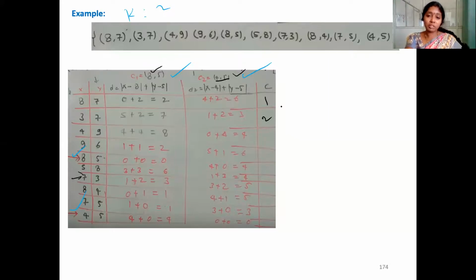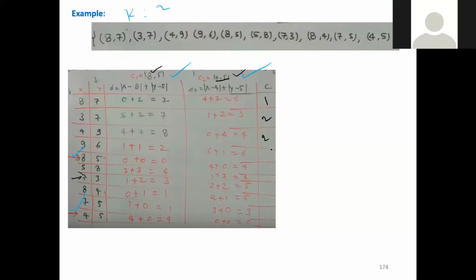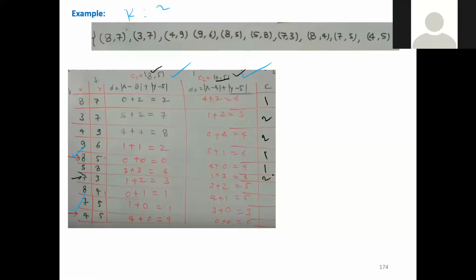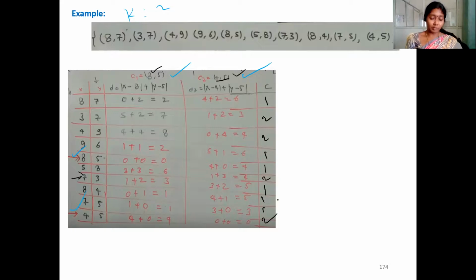Where is the third object? C2, ma'am. Again C2. Next. C1, ma'am. Okay, చెప్పండి ఫాస్ట్ గా. C1. And then C2. Yes. C1. C1. Yes. 1 and 2, ma'am. And 2. Yes, ma'am.